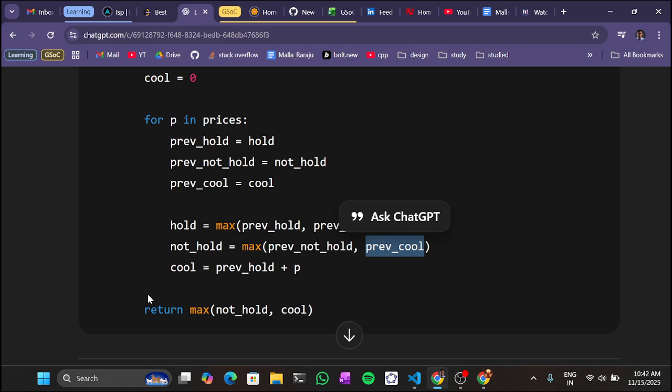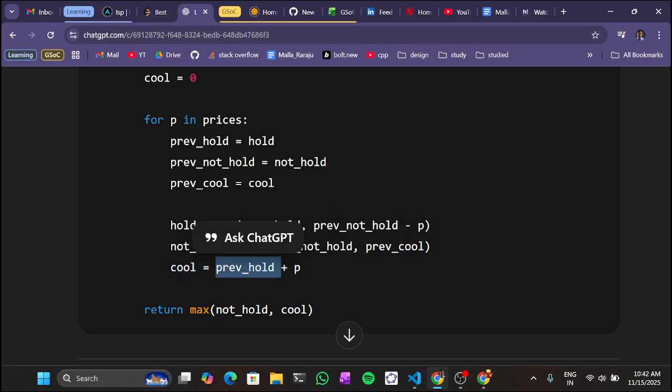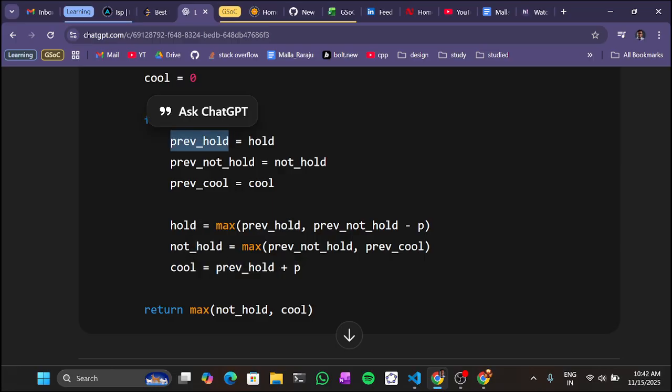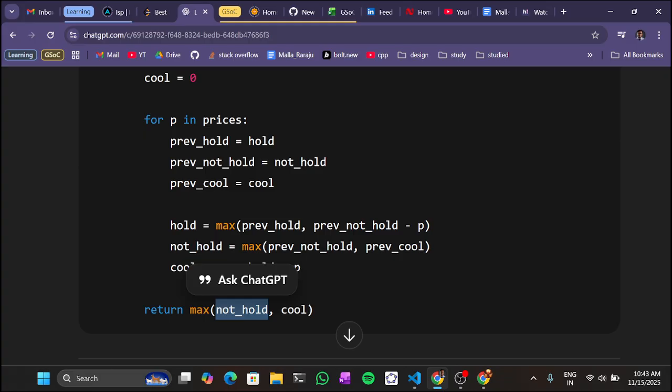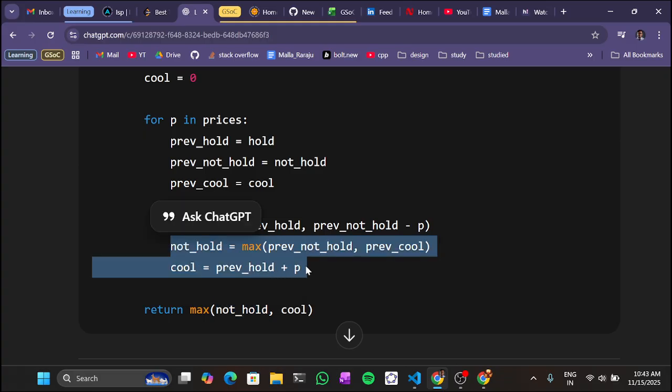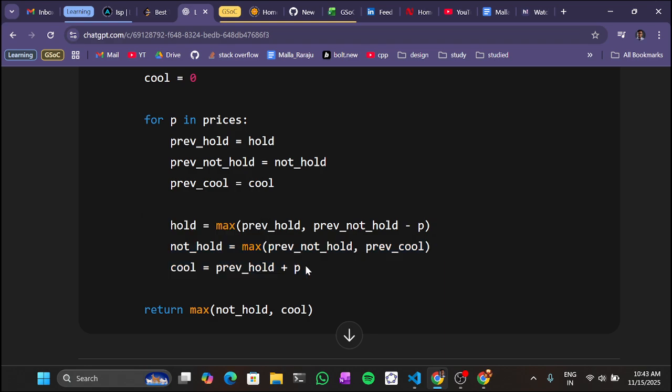The cooldown here will take the previous hold value, since you are previously holding something, plus the current price, because we are selling at the current value. And finally we are returning either not holding or the cooldown.